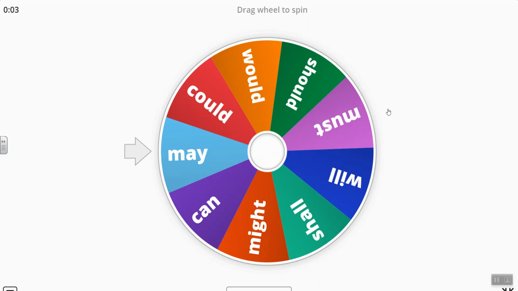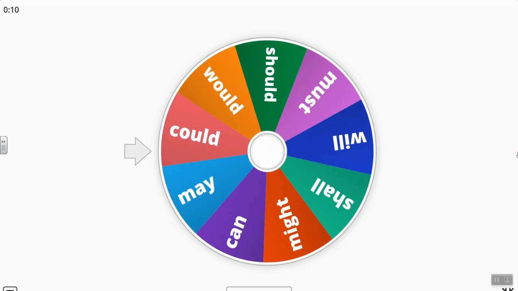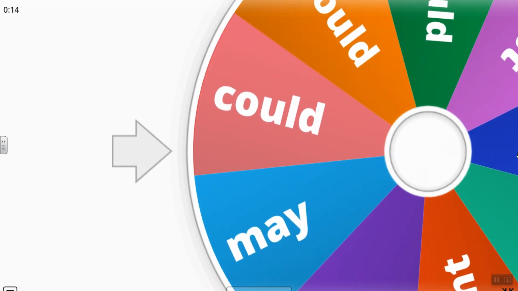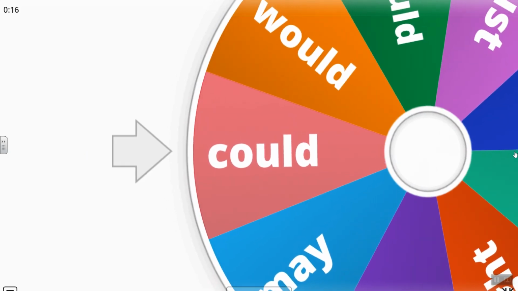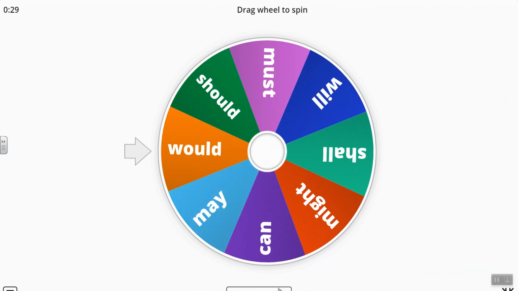Here's my first spin. So you're going to write a sentence with the modal verb could in it. Pause the video and have a go.